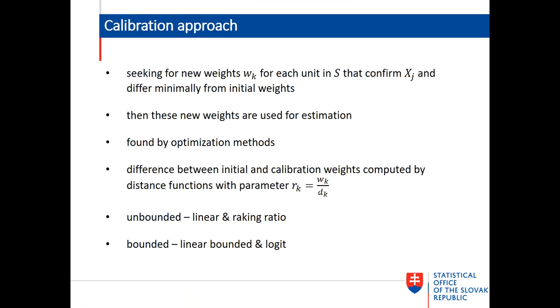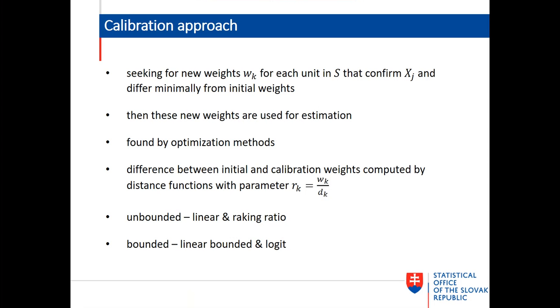These weights are found by some optimization methods when the difference is measured by some distance functions with the parameter in the form of the quotient of the new weight by the initial weight.